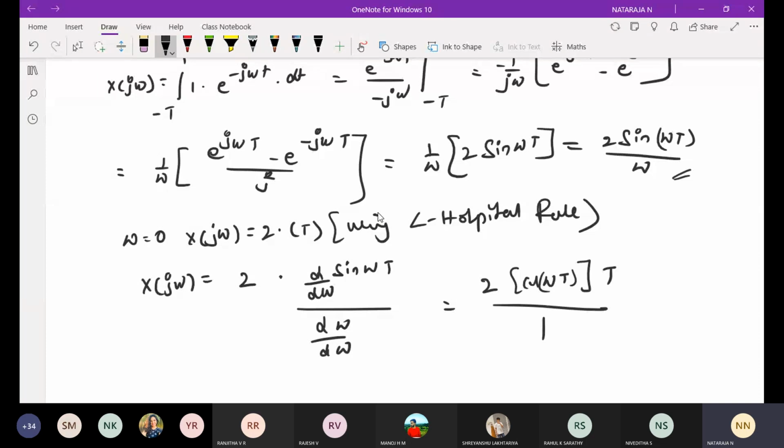Now I put omega equal to 0 in this equation. I will get 2 into cos of 0 into T. Cos 0 is 1, so that is 2 into 1 into T, and you get x of j omega equal to 2T.